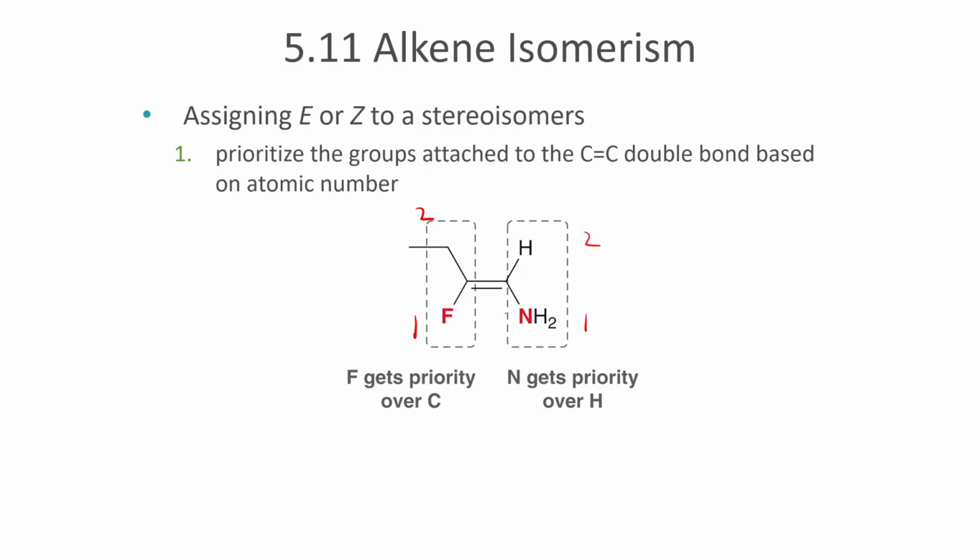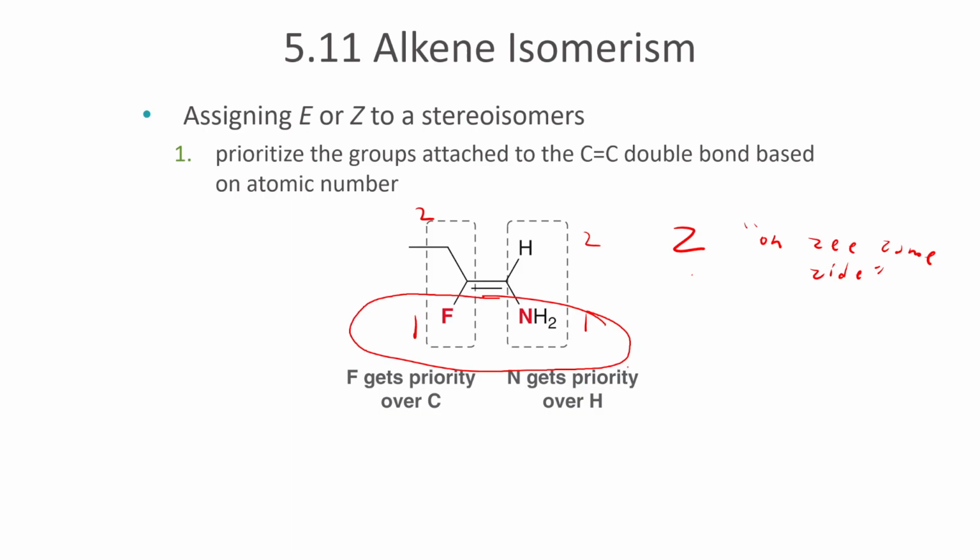And then we look and see, are the priority 1 groups on the same side or not? Here they are on the same side. So when they're on the same side, we call it Z, same side.